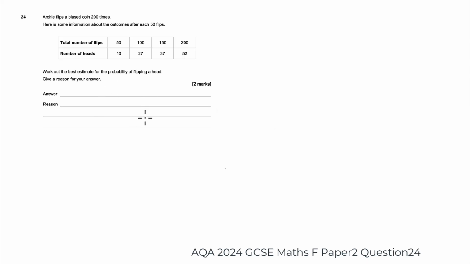Now, we would say that the more trials, the better the estimate. So the most trials we can include would be to use the 200.